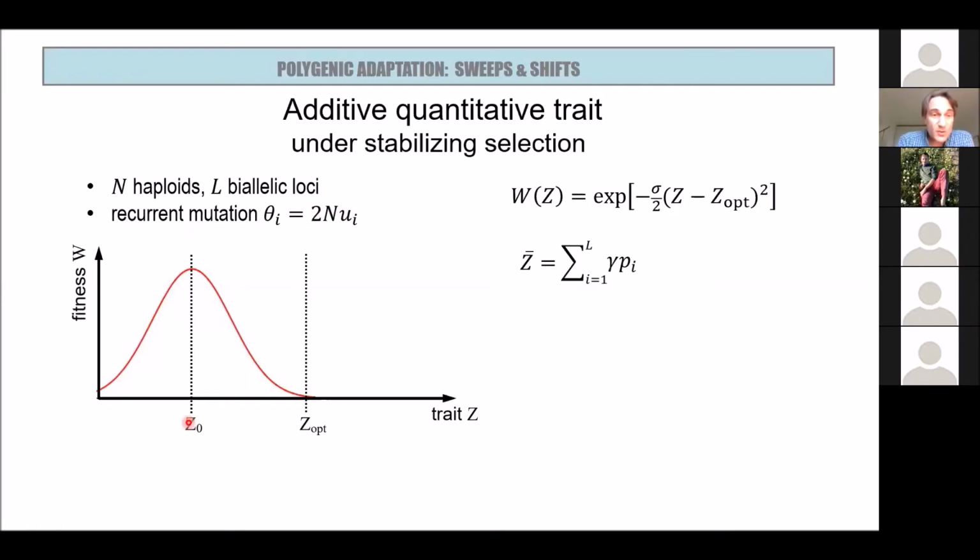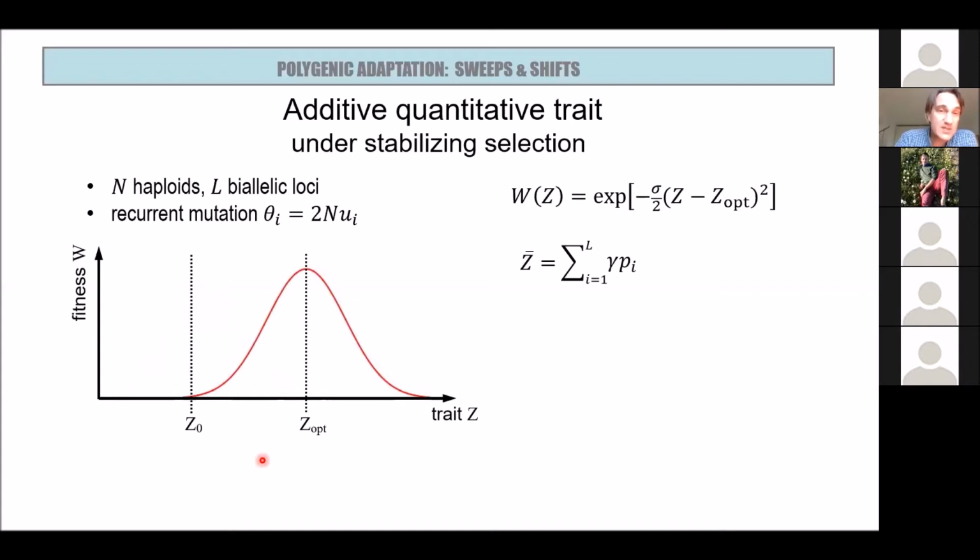All right. So initially, this is the trait axis, and here's fitness, and we have an optimum at some value z0 before the environment changes at some point, right? So there is a sudden environmental change, and this optimum changes from this old position here to a new position.